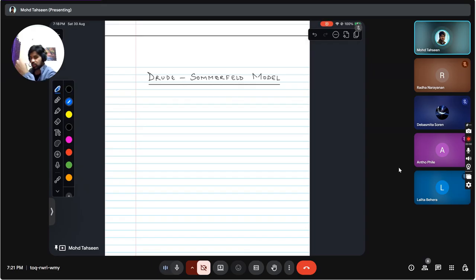So what is this Drude-Sommerfeld model? We are familiar with the Drude model now. We have been discussing that at great length. But what is the Drude-Sommerfeld model? Let me write a few characteristics of this model. Like the Drude model, it's also a free electron model.